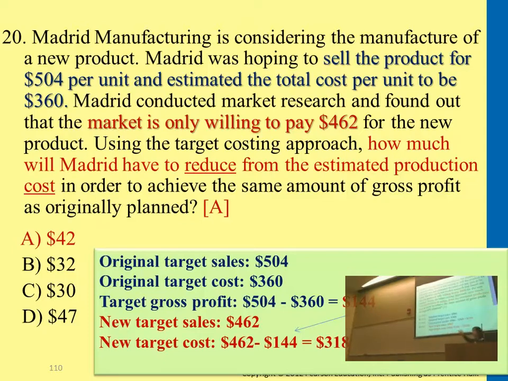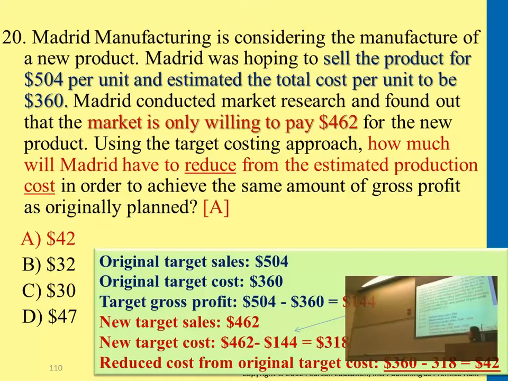You still want to get 144, so you have to figure out how to lower the cost and make it fit 318 in order to get that 144 profit. So if the new target cost is 318, then the original target cost was 360. You need to reduce $42 to meet this 318.